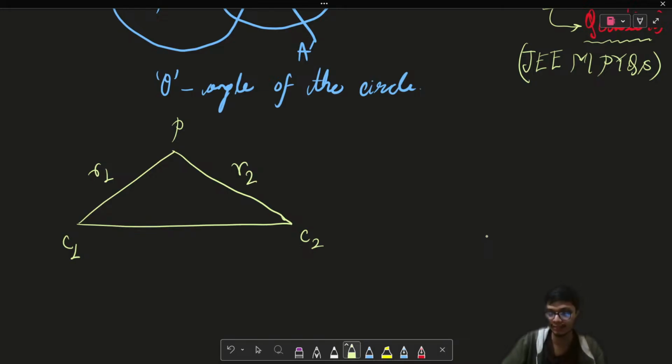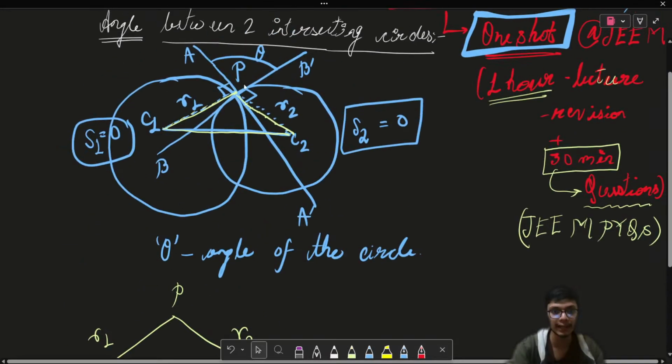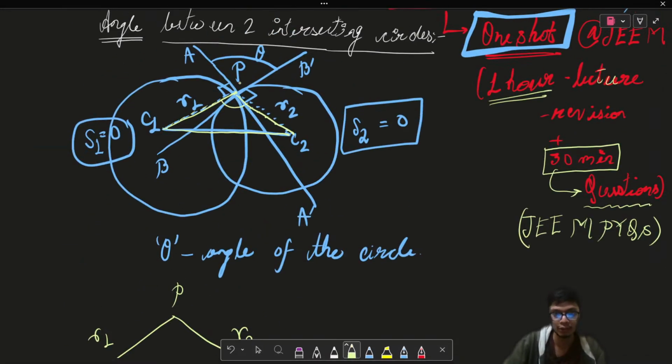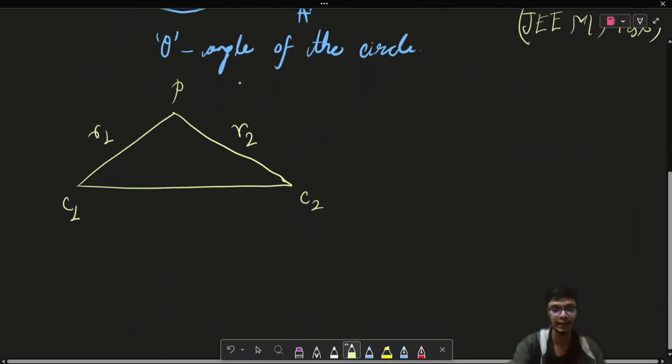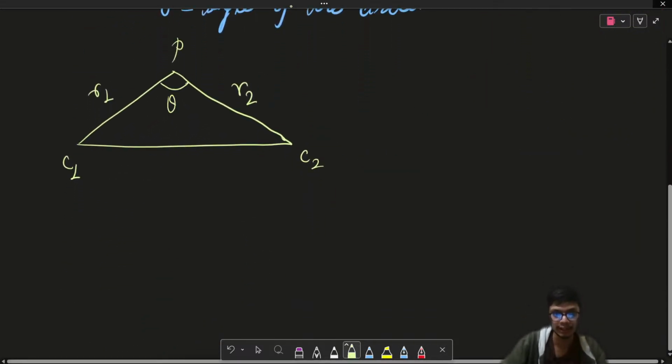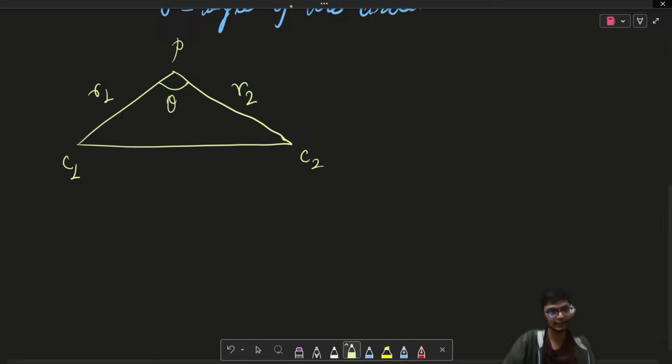Along with that, this particular angle is going to be theta. Now our main and sole purpose is to estimate this angle theta.